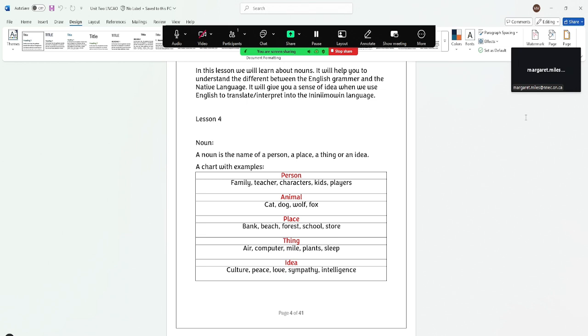Again, you will find the contact information and the email on the front page, and hand in the assignments as you finish. Key question number 13 in the lesson is come up with your own types of nouns and write the nouns in Roman writing.